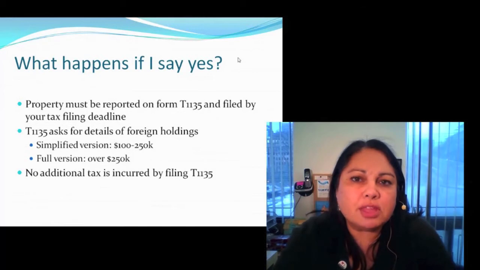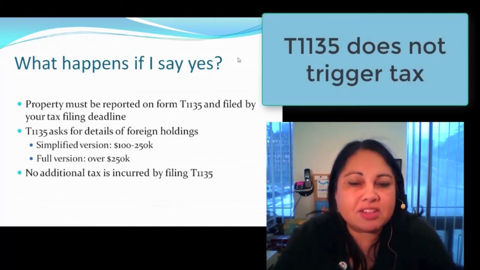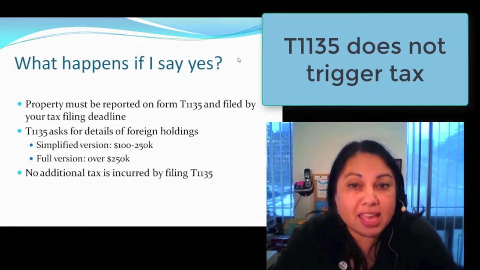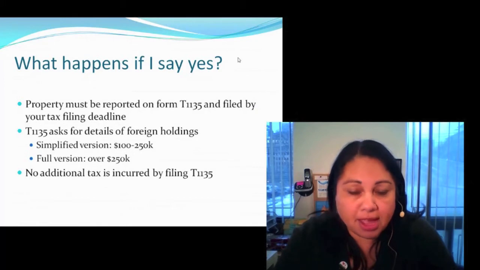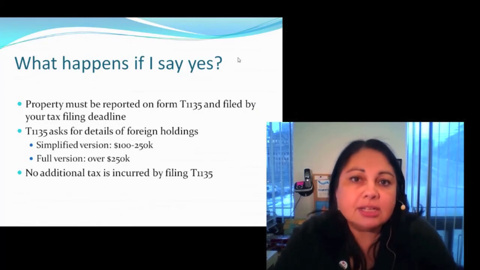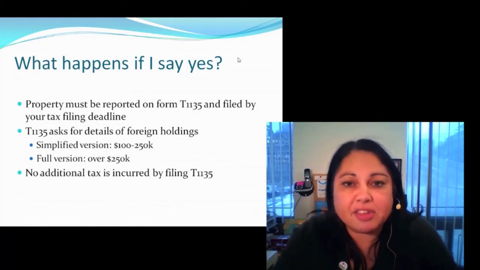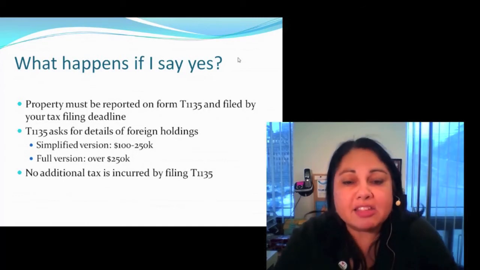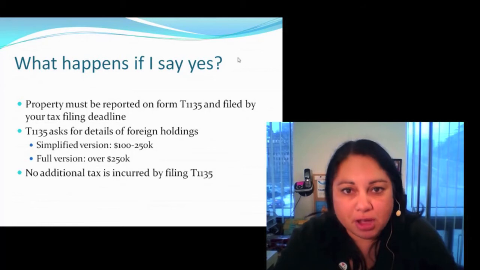It's important to note that filing the T1135 does not trigger any additional tax. If you have been reporting the income from your foreign investments on your Canadian income tax return, as is required by law, then it is being taxed, and therefore this form does not itself trigger any tax. It is due at the same time as your income tax return.